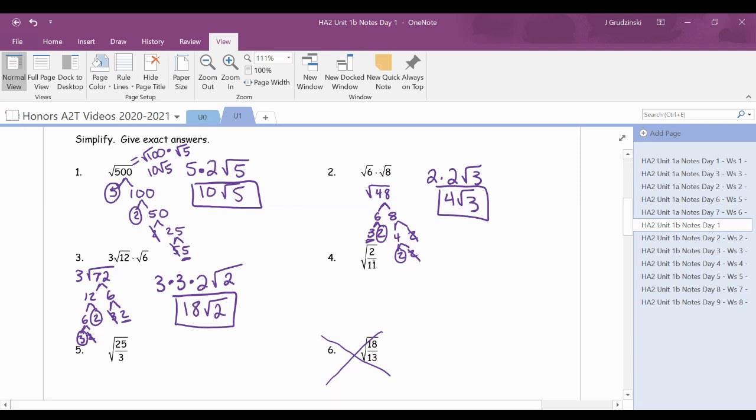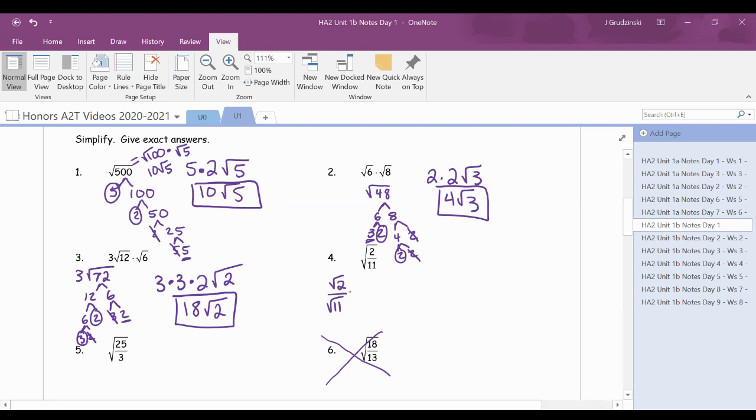All right, for number 4, if we have a fraction underneath a square root, we always want to split that into 2 separate radicals. So root 2 over root 11. Now, one of our big rules for simplifying radicals is that we cannot leave a radical in the denominator of a fraction.